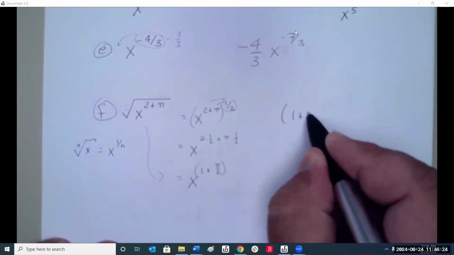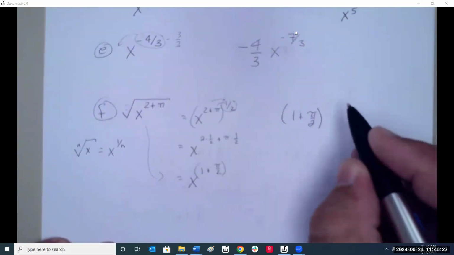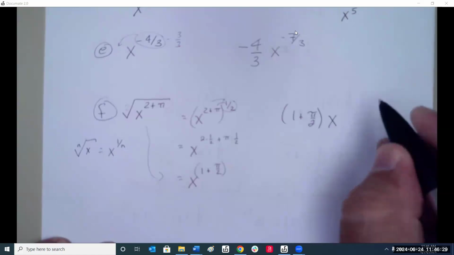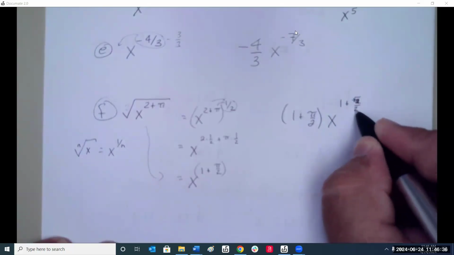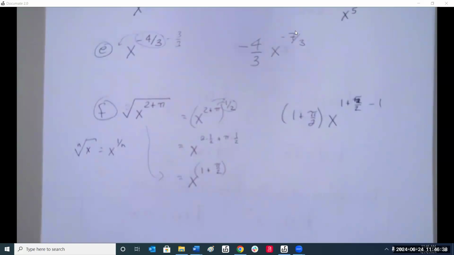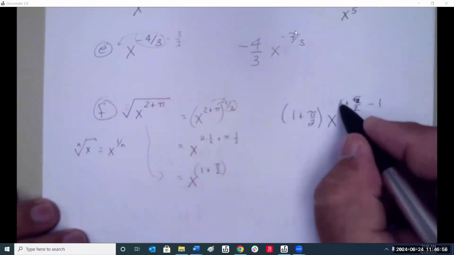Bring the exponent down. Pi over 2 minus 1. The ones cancel.